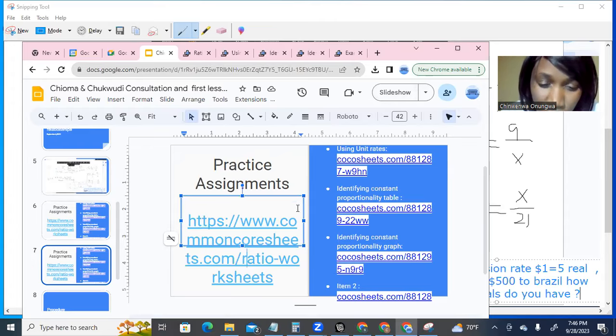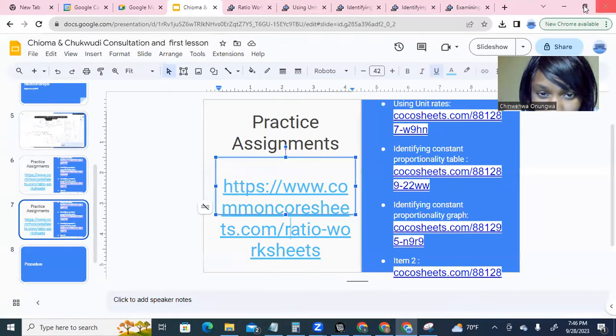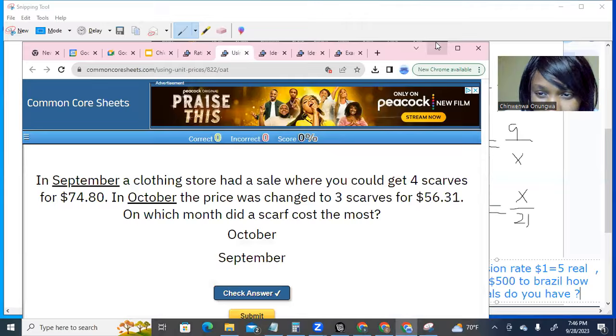I'm getting all of these from Common Core sheets. They are a good resource on learningandeducation.com as well as some other sites, but the majority of this is from Common Core sheets. I will start with unit rates first and do two examples of each.